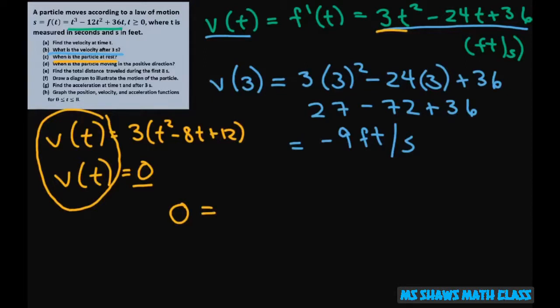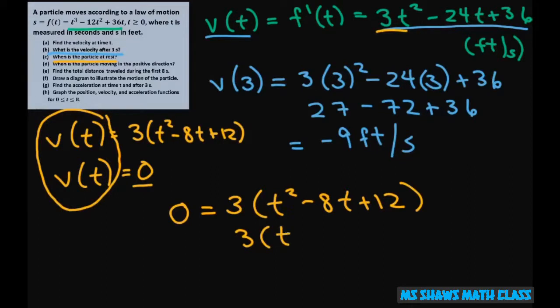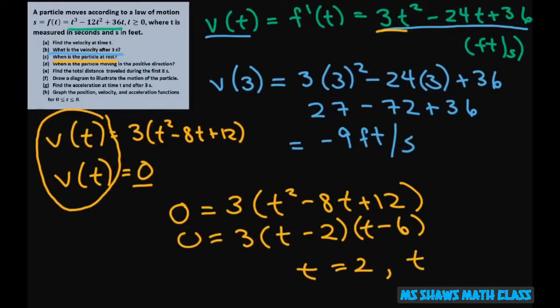You don't really need the 3, but we'll go ahead and put it. And find when the particle is at rest. So this is going to be t minus 2 and t minus 6. So when you set this to 0, that means it's at rest when the time is 2 and when the time is 6.